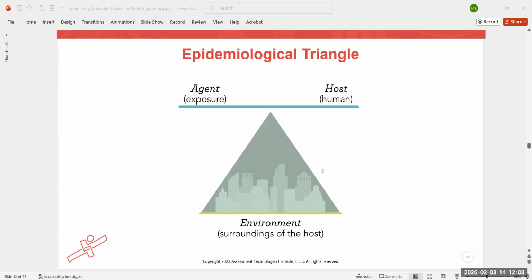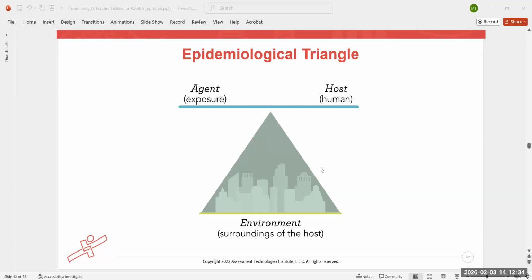So community health nurses need to have an understanding of what influences that risk, what influences modes of transmission, what it means for a patient to have increased communicability, and how you can intervene with all of those levels of prevention that we talked about.